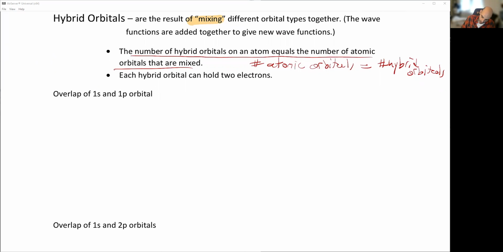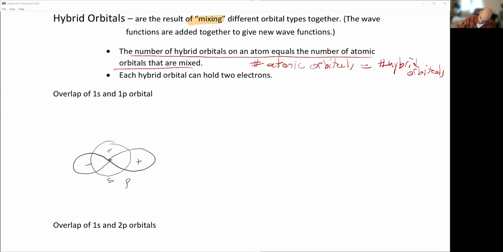So overlap of 1 s and 1 p. So here's my p orbital. We'll go back to the, well, it actually doesn't really matter, positive and negative. If I overlay an s orbital on top of it, what does that actually look like? So there's my s and my p.